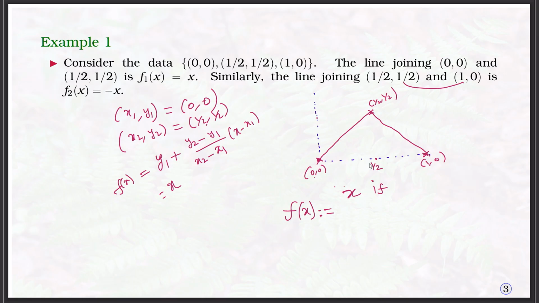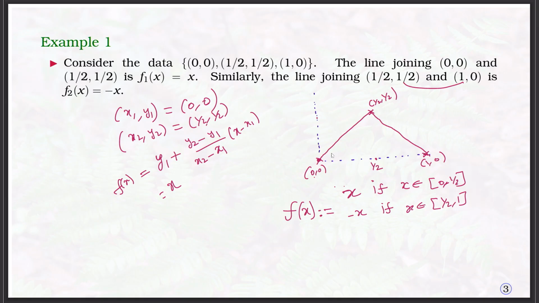So, if we are taking the points from this interval, we need to take x. It gives the value minus x if one takes the points x belonging to 1 by 2, 1. In this interval, this is the function.